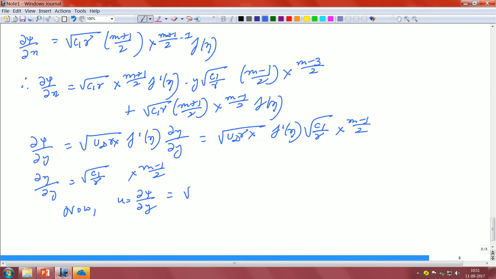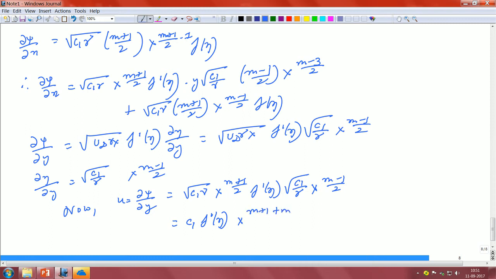So, therefore, this will be, okay, and u is basically equal to u infinity f prime neta. So, you can see that it kind of agrees.